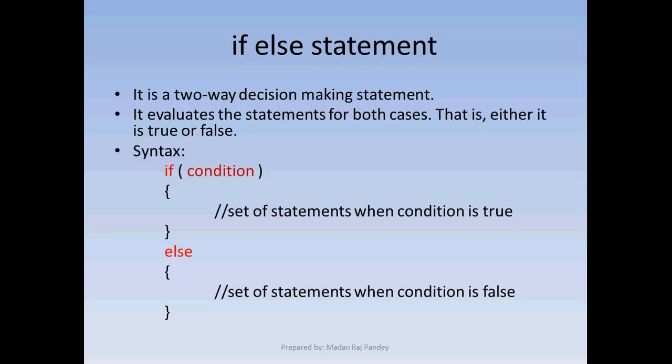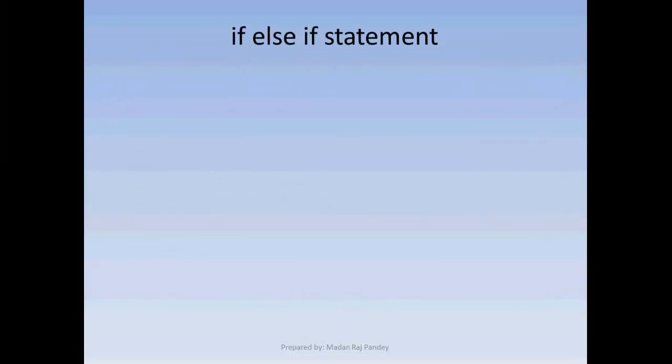If the condition is true, then the set of statements for the true condition is executed, and else is the default block where, if the condition is false, this else statement would be executed, and it is shown in the syntax block.